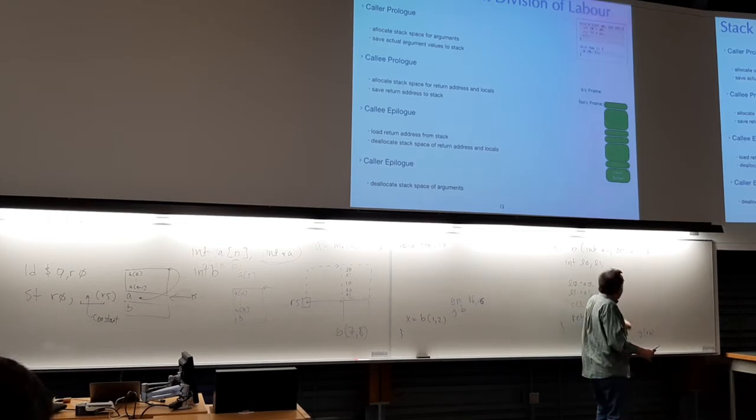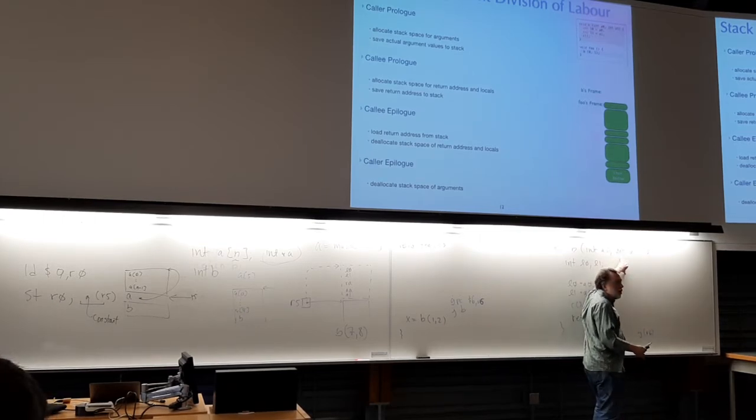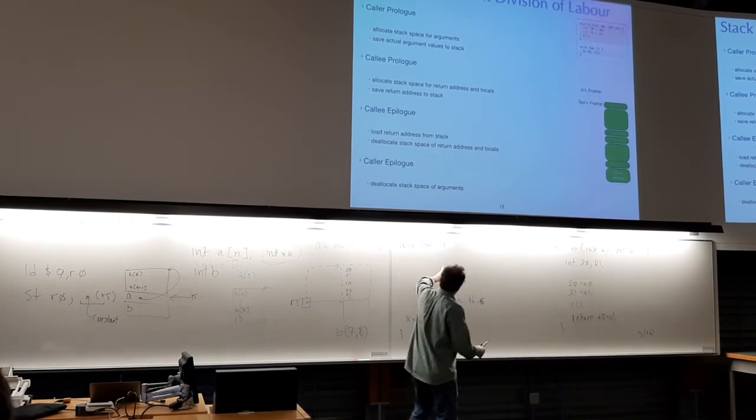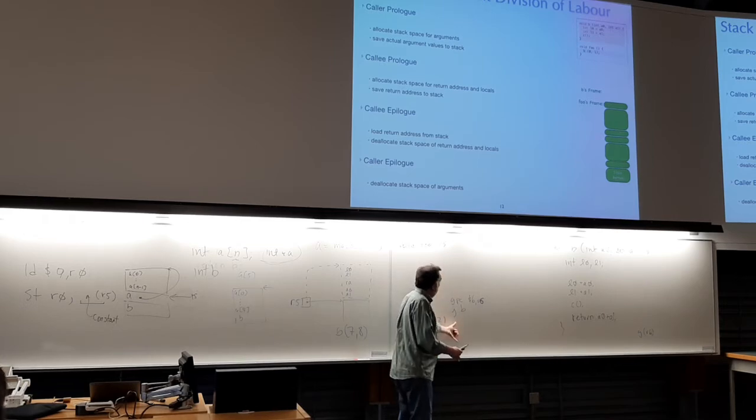And then when we get to the end, there's a sort of reverse thing we have to do. Allocate, deallocate. You'll see in a minute. Save the return address, restore the return address. We'll put that here as well. So that's the callee epilogue. And then finally, we have to do the reverse of what we do here, and we'll call that the caller epilogue.